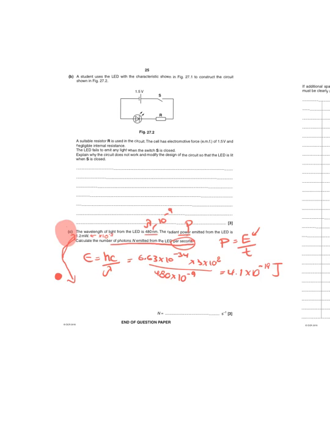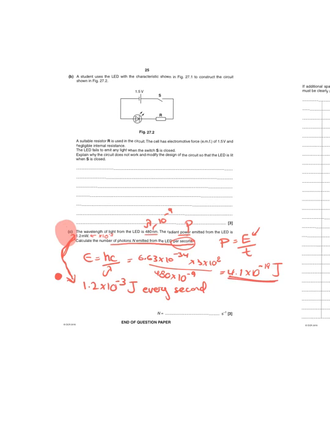So I know that the LED is emitting 1.2 times 10 to the minus 3 joules worth of energy every second. This is exactly what power means. So per second, 1.2 times 10 to the minus 3 joules of energy is being transferred every second.